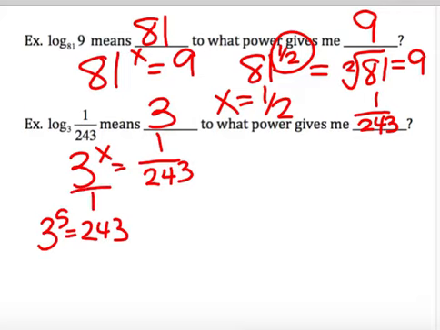If I really want that 3 to the x to go to the denominator, where the 243 is, my answer isn't going to be 5, but my answer is going to be -5.